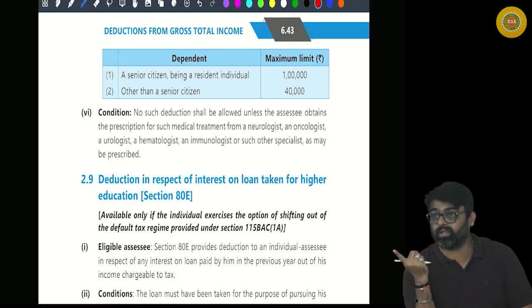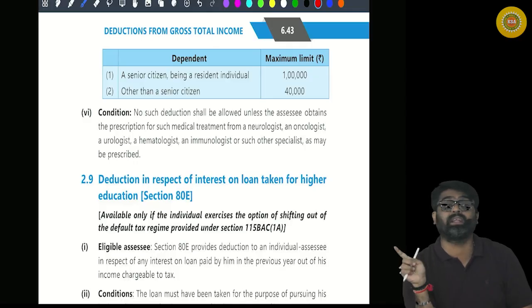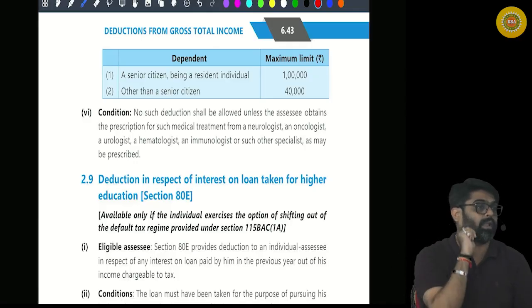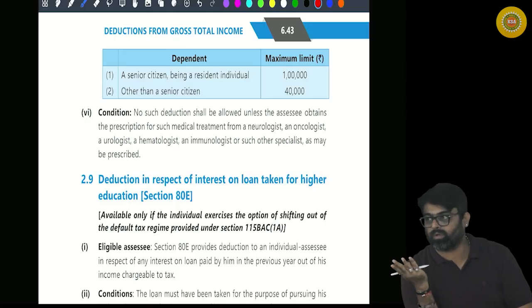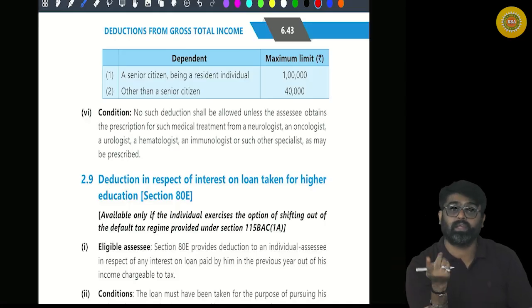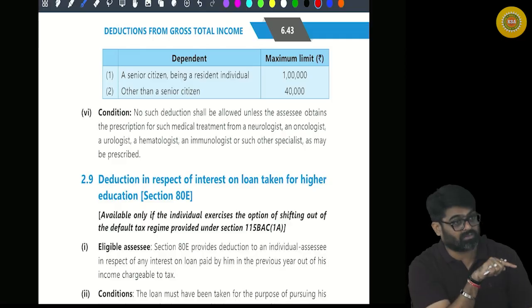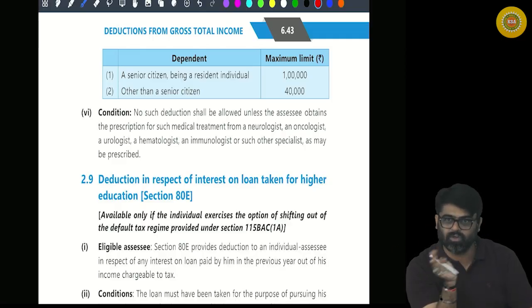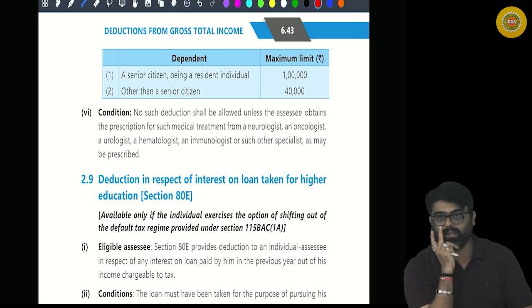And if that patient for whom the treatment is done happens to be a senior citizen, then the limit will not be 40,000, the limit will be 1 lakh. And whatever amount for that treatment is reimbursed by the employer or insurance company, to that extent the deduction will not be allowed. So reduce that amount before claiming the deduction.